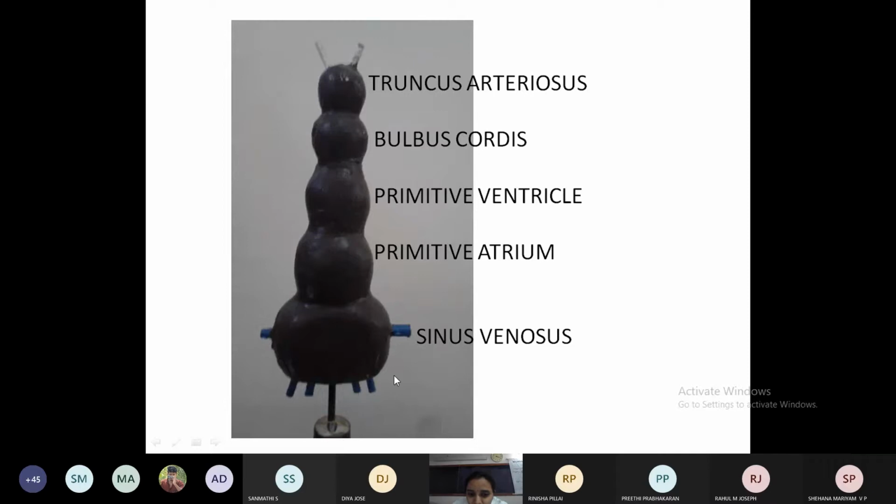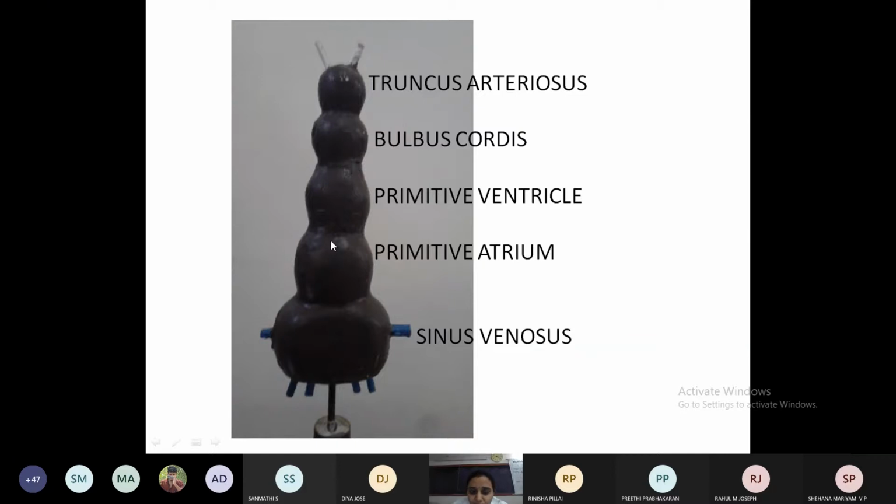From medial to lateral, these are the vitelline veins, which drain the developing gut; the umbilical veins, which drain blood from the placenta to the fetus; and, more laterally, the cardinal veins, which are the body veins draining the body wall. Sinus venosus is the venous end. Truncus arteriosus is the arterial end.